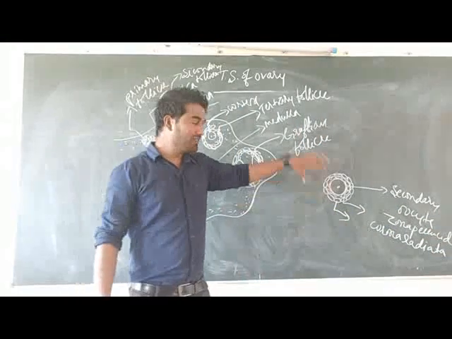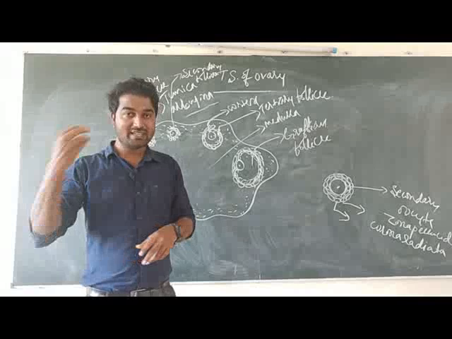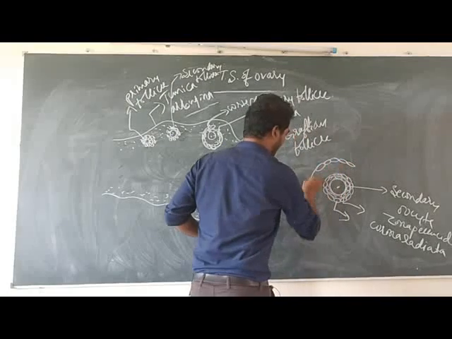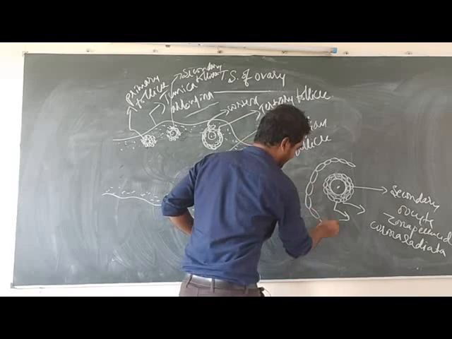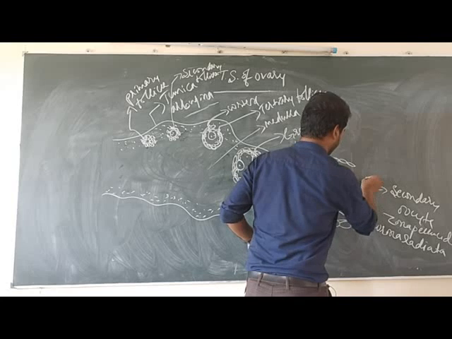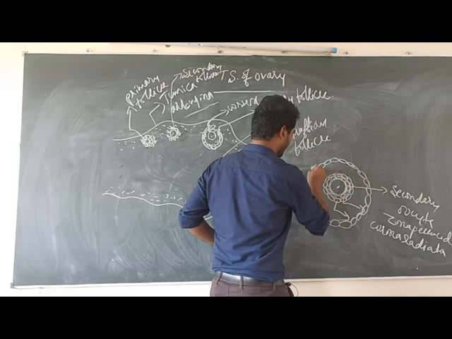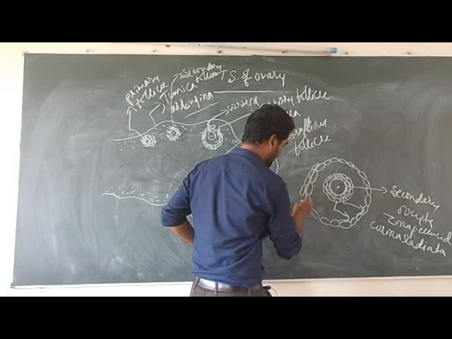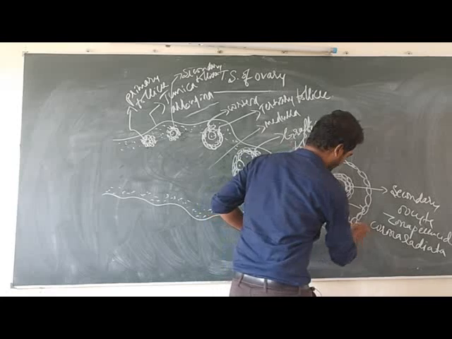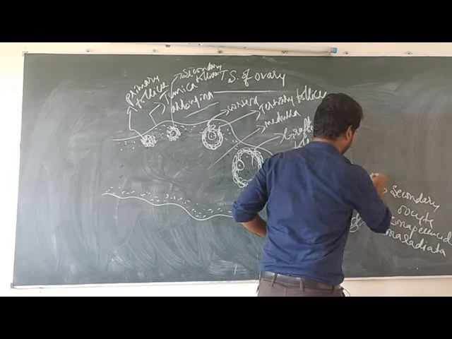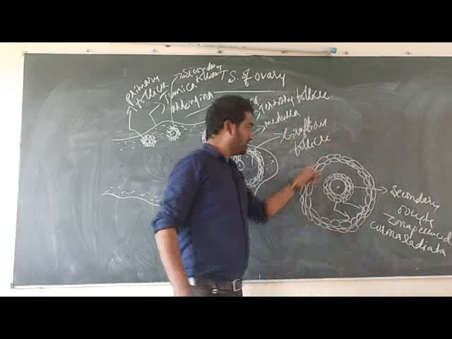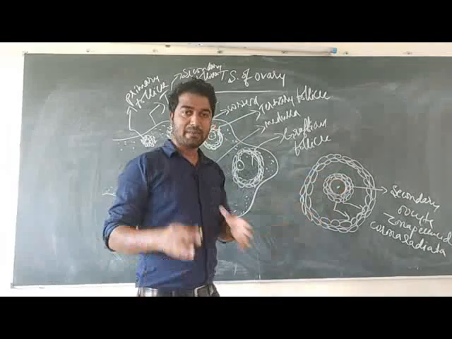And around the secondary oocyte, another layer of cells is present. Now, these layers of cells are known as membrana granulosa.